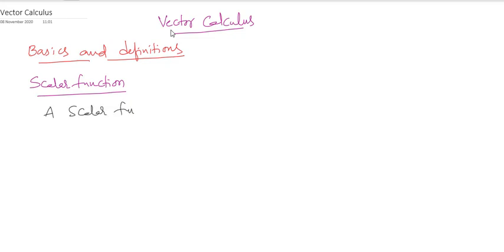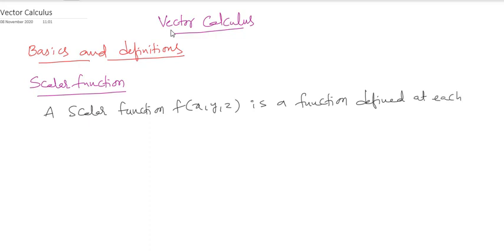A scalar function f of x comma y comma z is a function defined at each point in a certain domain D in a space. That means a scalar function is nothing but a scalar. It has only the value, that is a magnitude. It doesn't have any direction. Am I right or not? That is a part of your scalar function.